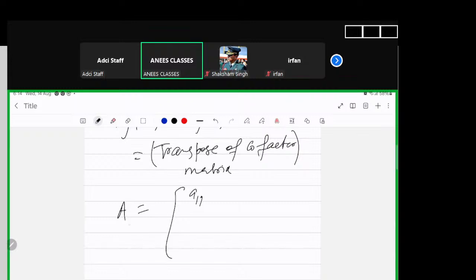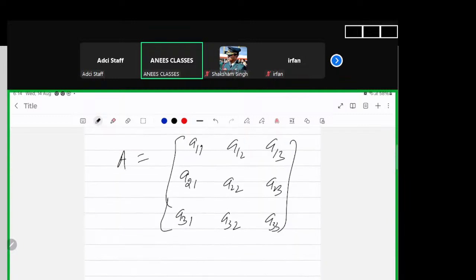Suppose that you have the matrix capital A with entries A11, A12, A13, A21, A22, A23, A31, A32, A33.